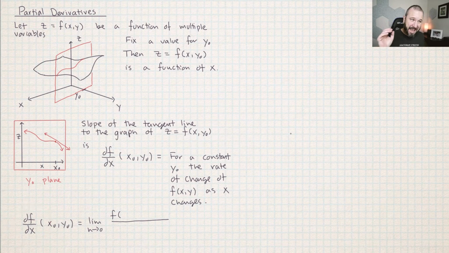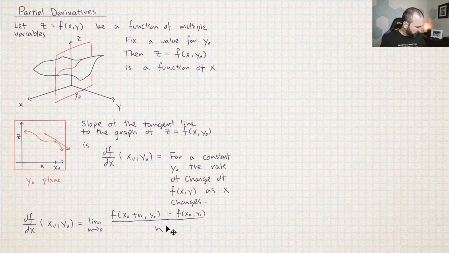So x is the variable and y is held constant. The small changes we are making happen in the x coordinate, and y naught is held constant. Now I'm calculating a difference quotient, so I need the change in outputs in the numerator and the change in inputs in the denominator.